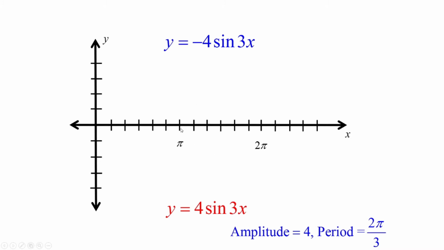So if my pi is right here, and let's look at these hash marks, 1, 2, 3, 4, 5, 6, this would be pi over 6, this would be pi over 3. That would make this right here my 2 pi over 3. So my entire curve is going to be complete at that x value right there.